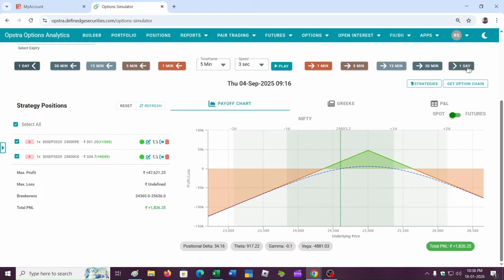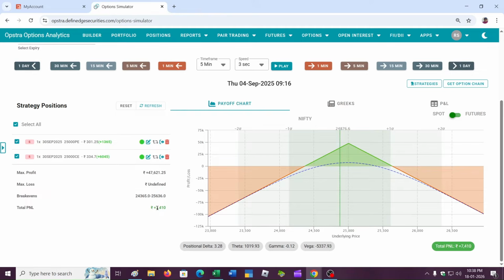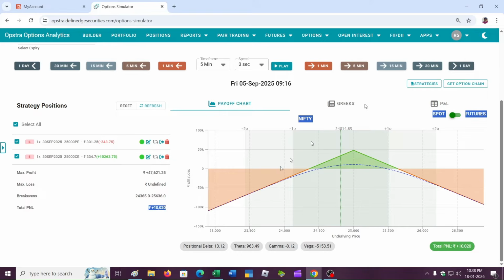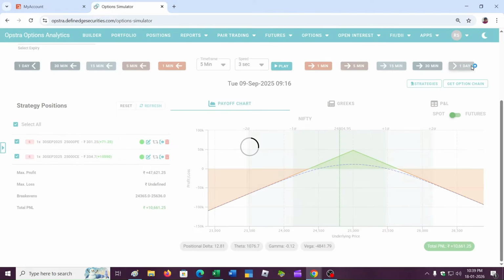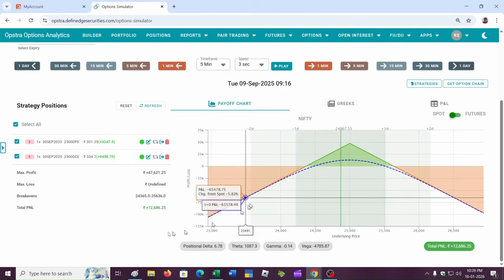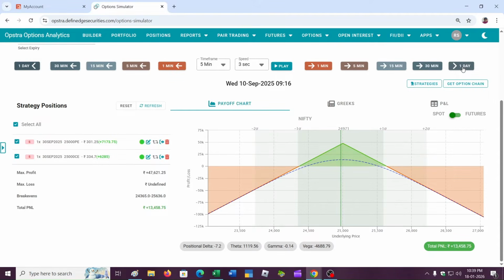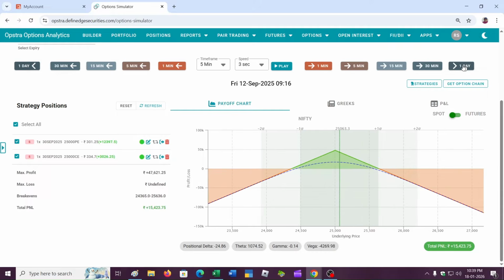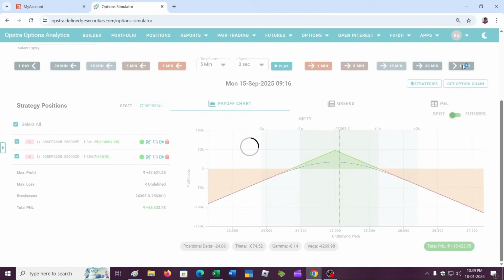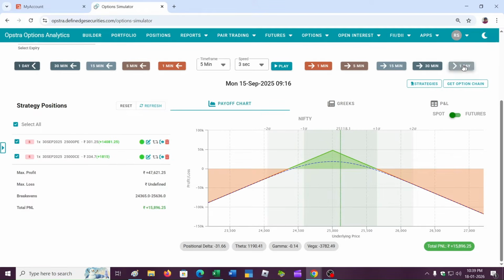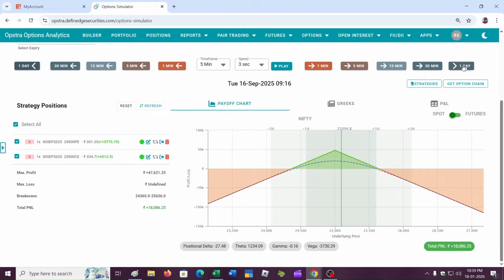One more day for September. Profit increased to 7,000. Another day, 10,000 rupees profit. One more day, 10,661. One more day, 12,000. One more day, 13,000. Another day, 15,000. Again, 18,000.